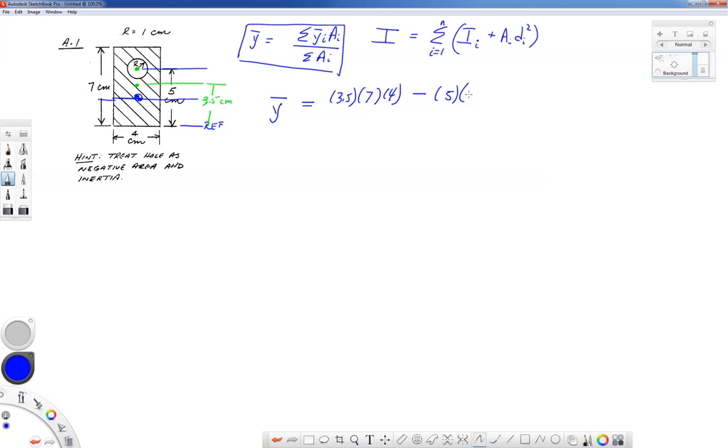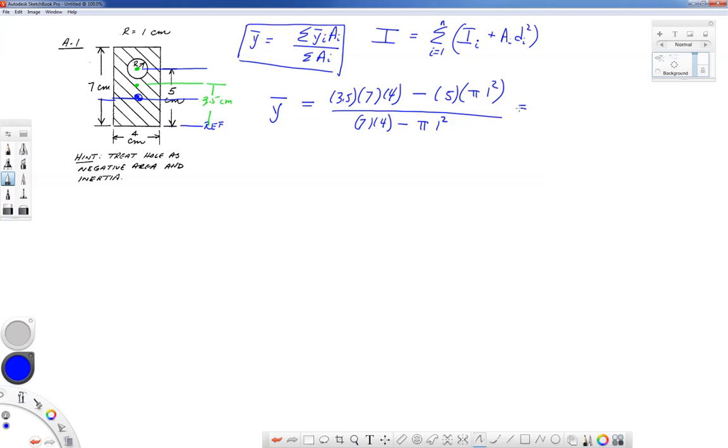And then the area of the hole. It has a radius of 1 centimeter, so let's use the formula for the area of a circle, pi r squared. Right, so all that goes on the top, and then on the bottom goes the total area. So I'm going to take the area of the rectangle as if it were solid, and then take away the area of the hole.